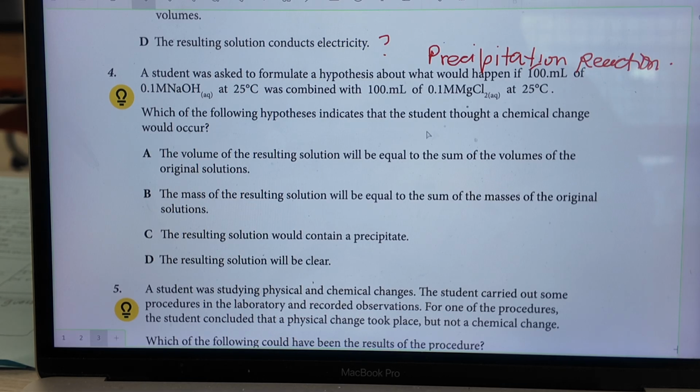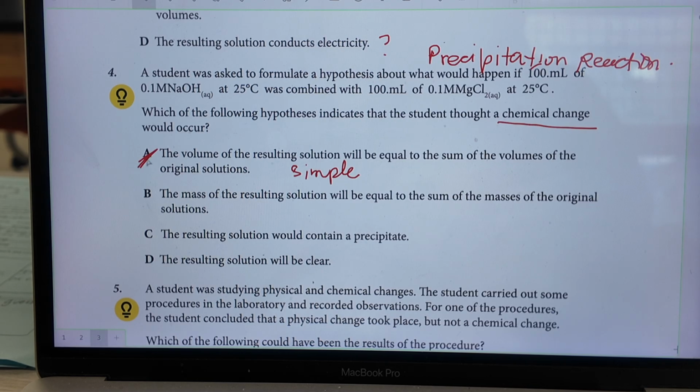And so for A, the volume of the resulting solution will equal the sum of the volumes. That means there could have been a simple mixture. This could have just been a simple mixture if something was just added. That doesn't indicate a chemical change, right?